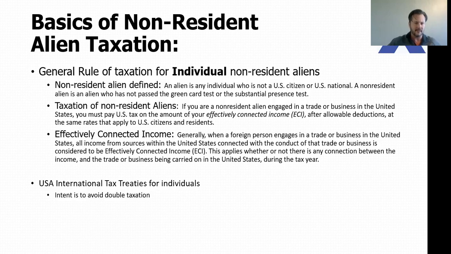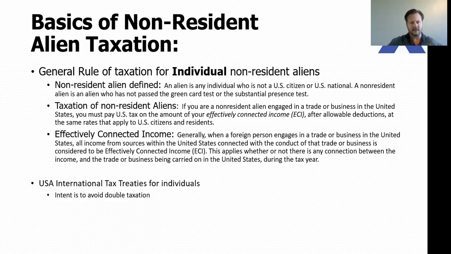But essentially, if you're a foreign person and you're generating revenue in the US, this could apply to you. And then again, you have to look at the tax treaty between the country you're in and the US, and look at the allocation rules.